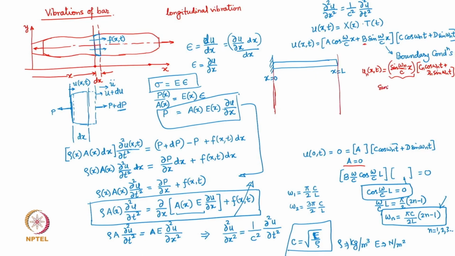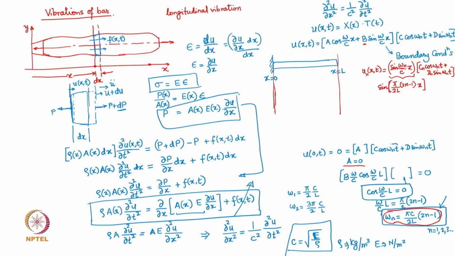Sine(omega n by c x), where omega n by c, from this expression I can write as pi by 2l into (2n minus 1), times x. This is our mode shape.